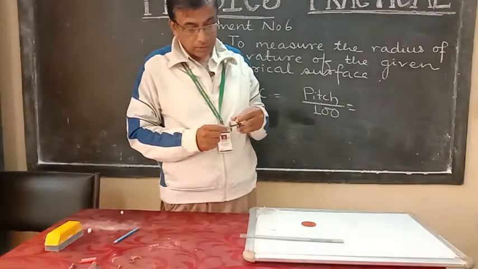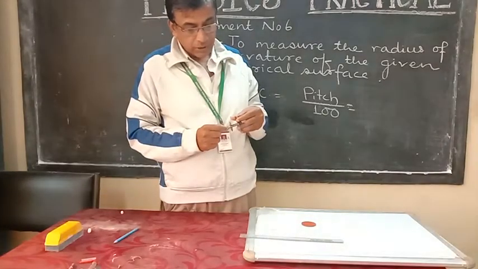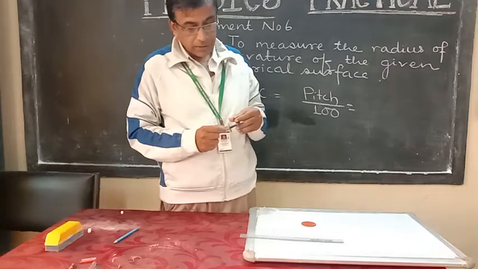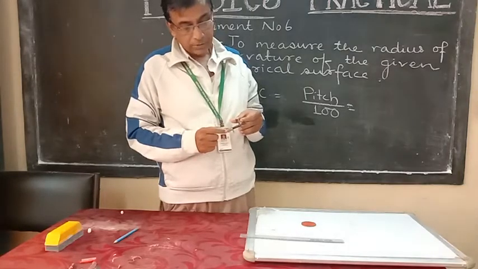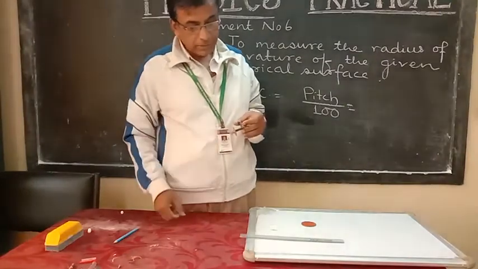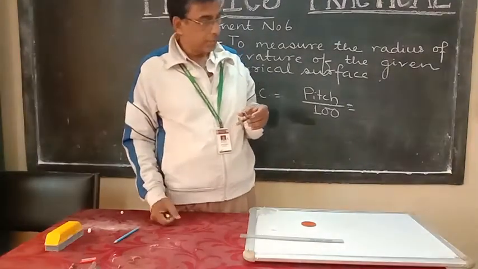That one small scale reading gives you 0.1 centimeter, that is 1 millimeter. 1 millimeter is 0.1 centimeter.